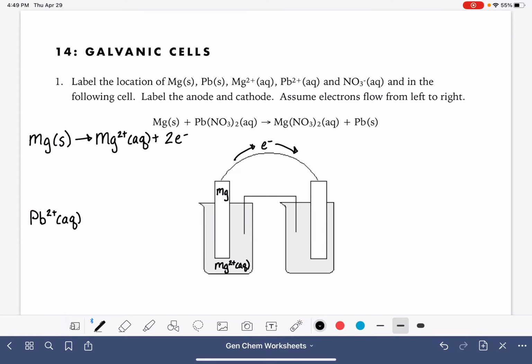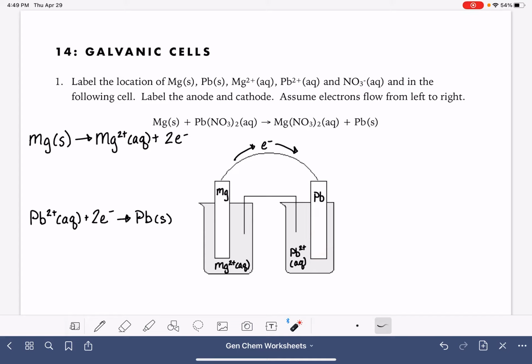Let's take a look at our lead. As you can probably start to guess, the lead 2+ ions are going to be picking up those electrons that are being lost by the magnesium. So the electrons are going to flow across this wire. They are going to be interacting with the Pb2+ ions that are down here in solution and plating the newly formed lead atoms onto the surface of this electrode.